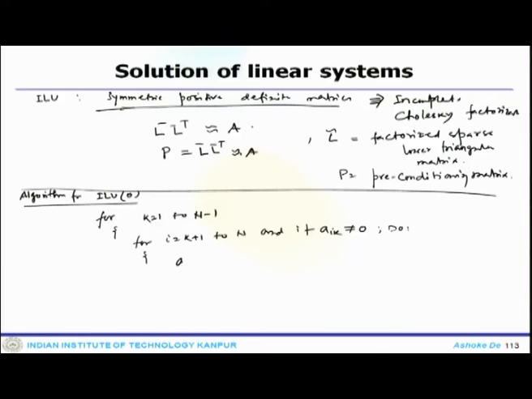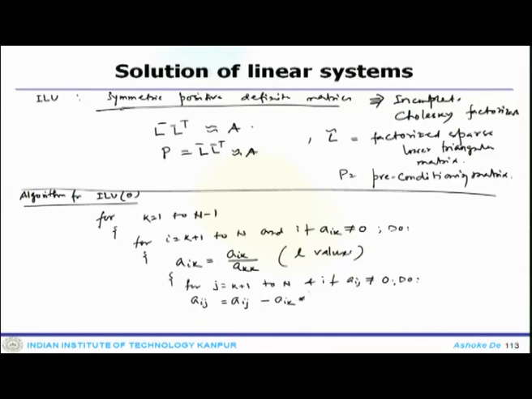You calculate a i k equals a i k divided by a k k, which is the lower values, and then you go for another loop for j goes from k plus 1 to n, and if a i j not equal to 0, you do the following calculation for a i j, which is a i j minus a i k multiplied with a k j, which is the upper values.